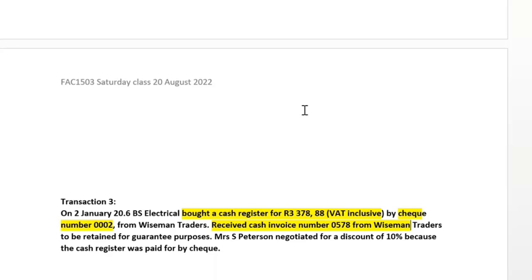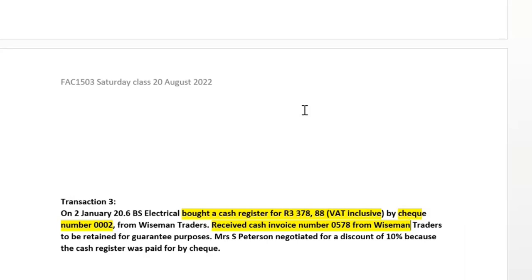What are the source documents? Desiree is saying original cash sale invoice and check counterfoil. Both internal source documents. That is Desiree.